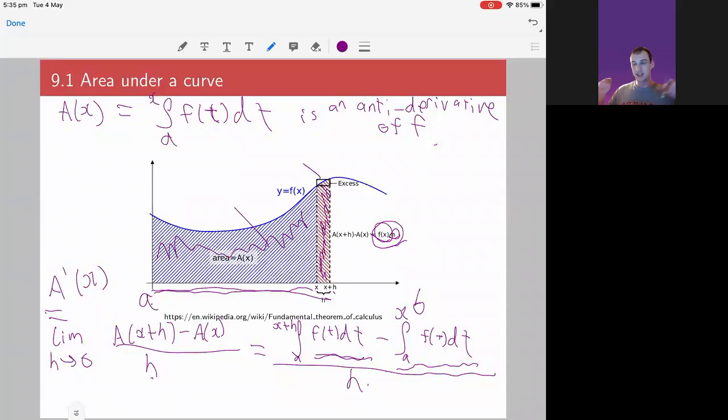And so this excess area that Wikipedia is telling us about is about F of x times h. So that means that this is approximately F of x times h divided by h, and this is going to be going to F of x. So this is the fundamental theorem of calculus illustrated. We can nicely think about this in terms of areas underneath the curve.